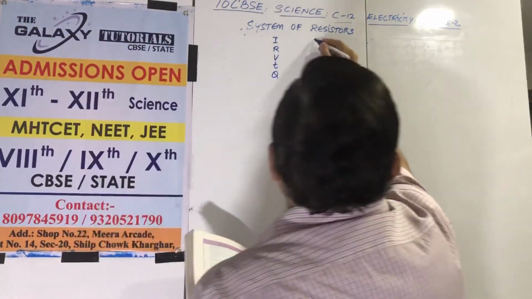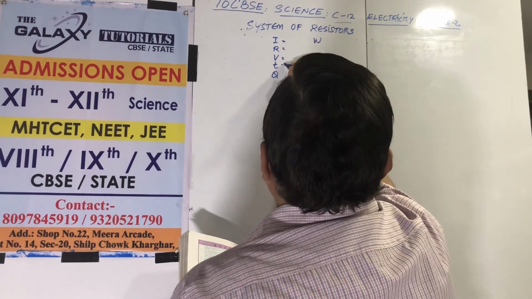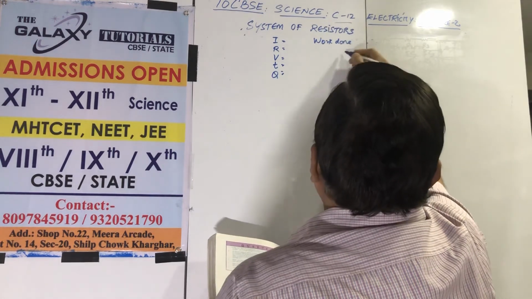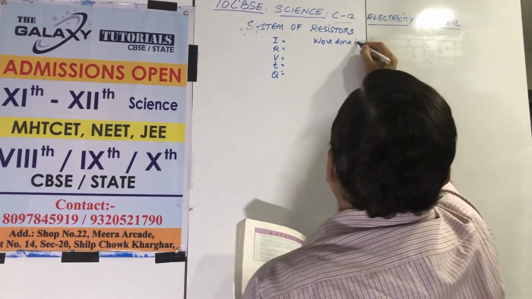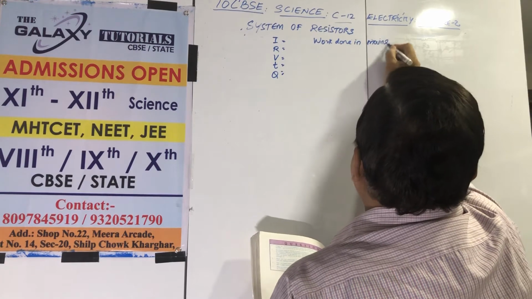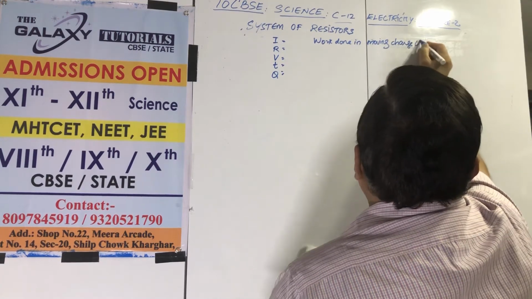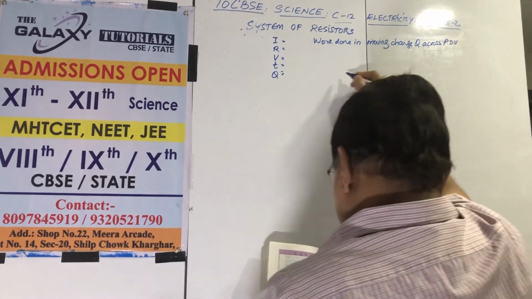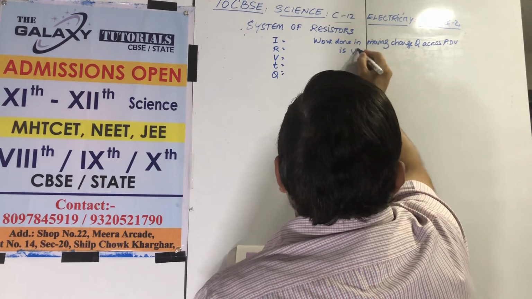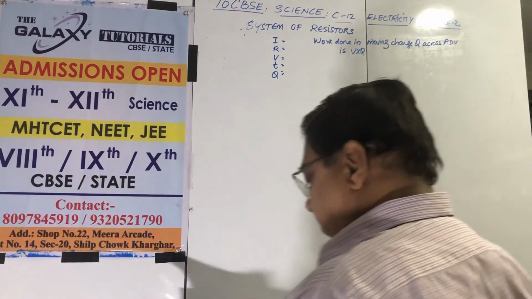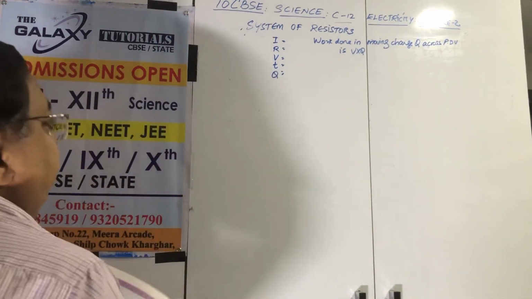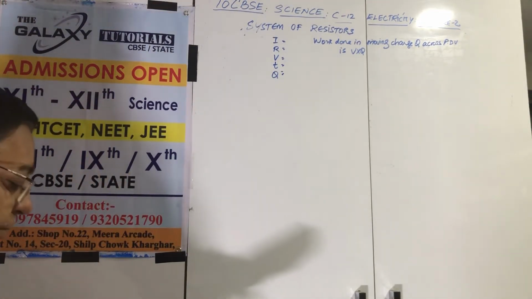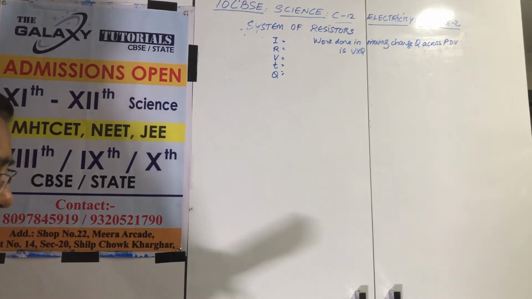Now, work done, please write full forms for them. Work done in moving the charge Q across potential difference V is V multiplied by Q. Therefore, the source must supply energy equal to V into Q in time T. Otherwise, work will not be done.